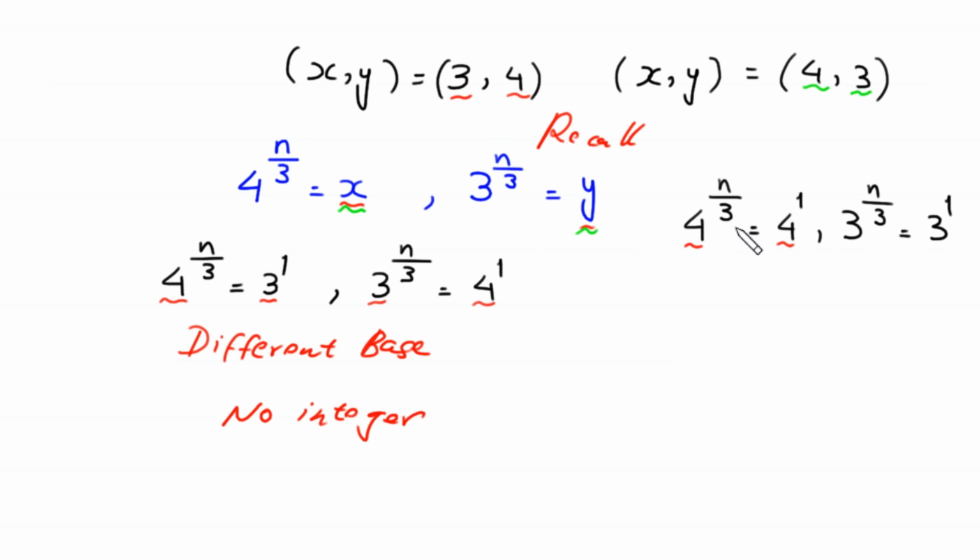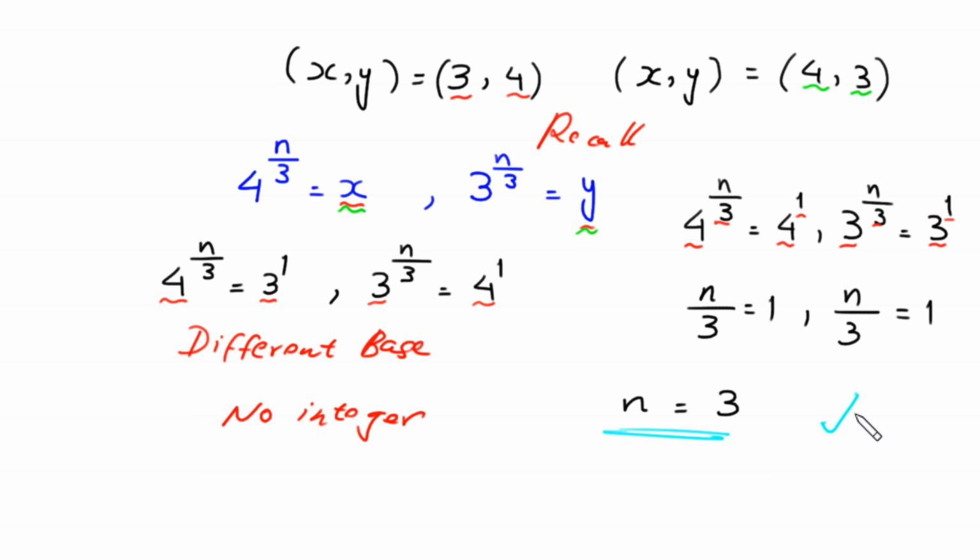So we can write n over 3 equal to 1. And from this equation, at left side we have base 3, at right side we have base 3. So we can write n over 3 equal to 1. And from both of these equations, n is equal to 3. This is the value of n. This is the final answer of this equation.